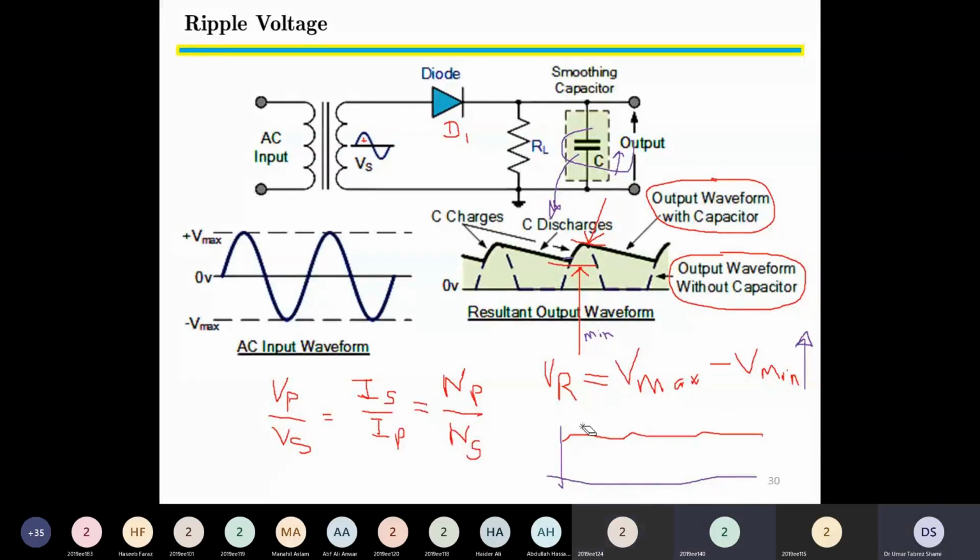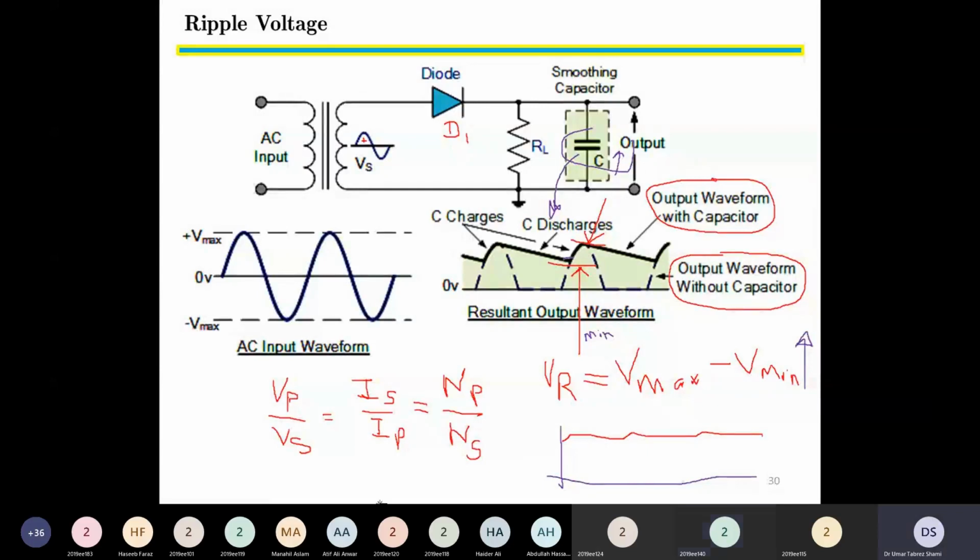And sir, what will happen if we insert an inductor in parallel with the capacitor? Yes, we will discuss this also.